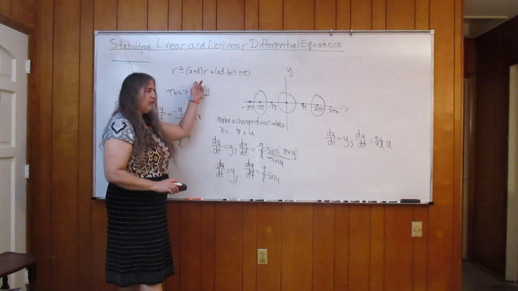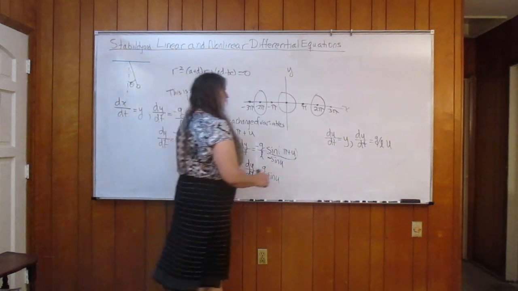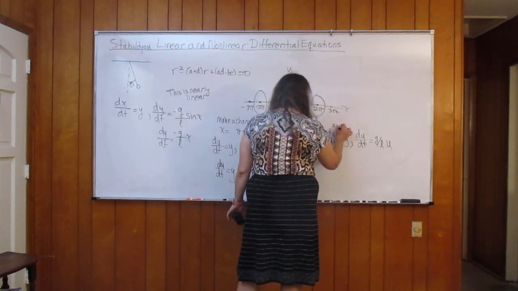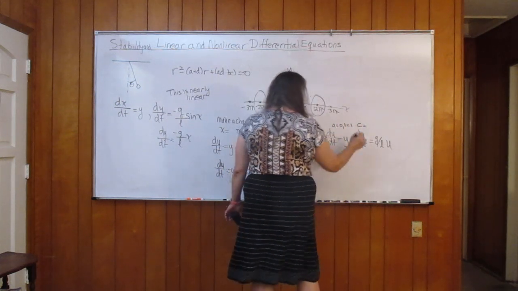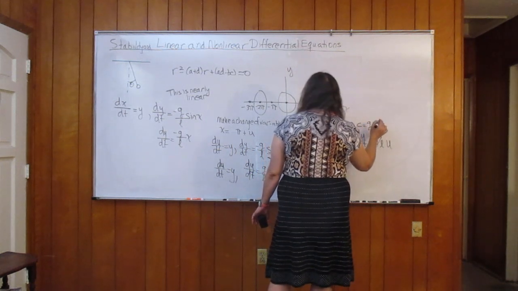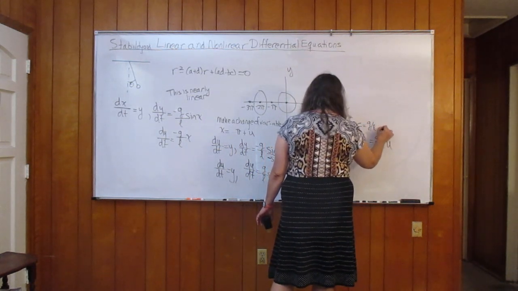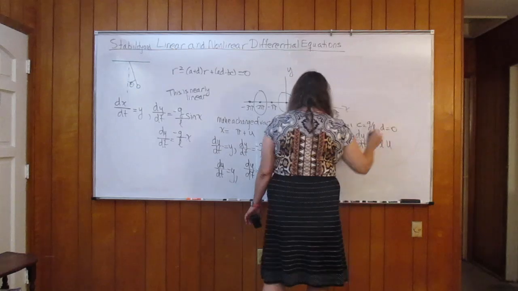And I write down the characteristic equation for this system. In this case, a is equal to 0, b is equal to 1, c is equal to g over L, and d is equal to 0.